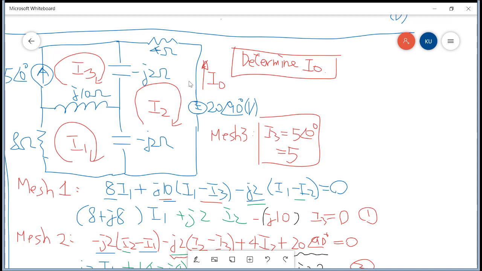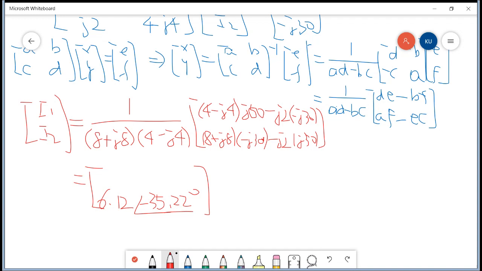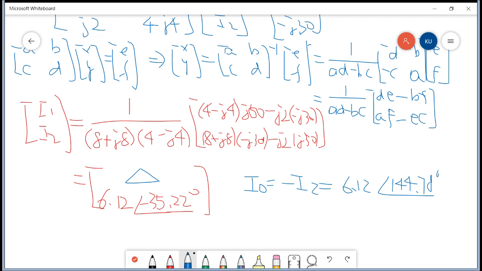I0 is actually minus I2. So this is a number, but actually we don't really need to calculate it. And the final answer, I0 will be minus I2, which is 6.12 at 144.78 degree A. So this is the answer.